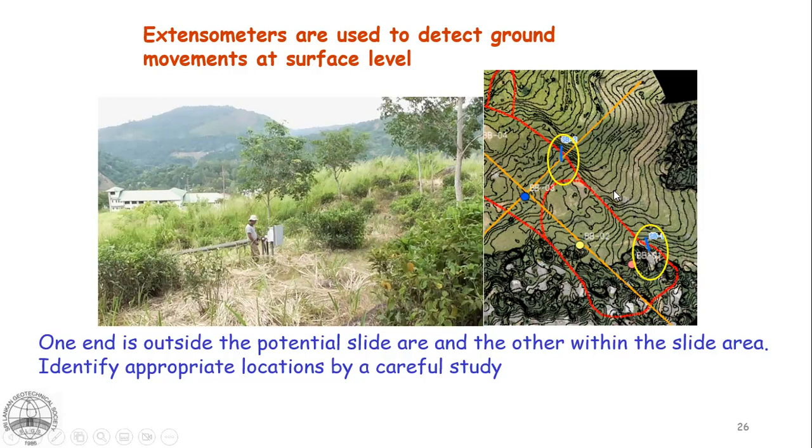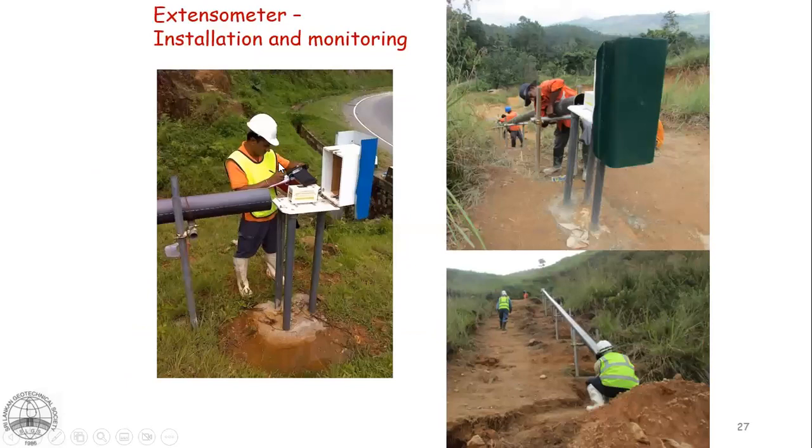So the device is measuring the relative movement as illustrated here. So this is the point outside the landslide. The other end is within the landslide. There is a wire connected to here, and the wire is protected by this PVC pipe.